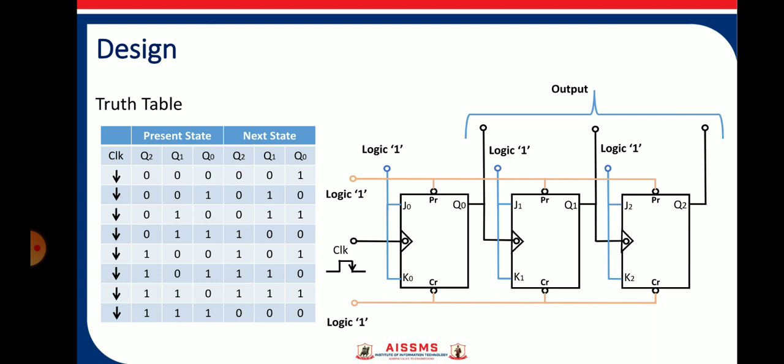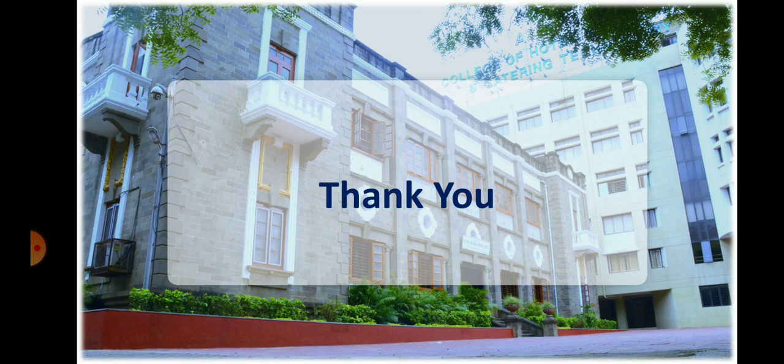In this way, whenever the negative edge comes, it will do up counting, because the output of the previous flip-flop, that is nothing but the positive side Q0 and Q1, we have connected as a clock to the second flip-flop and the third flip-flop. So this is all about the 3-bit asynchronous up counter. Thank you.